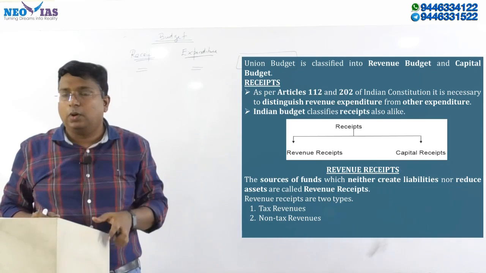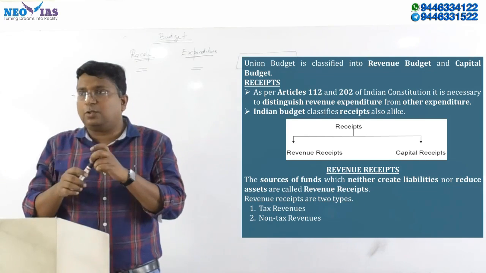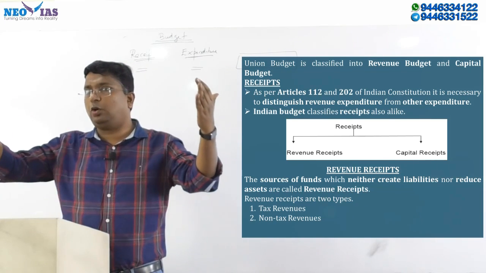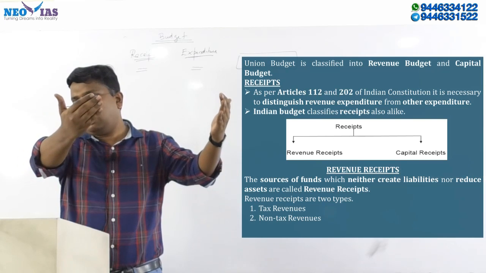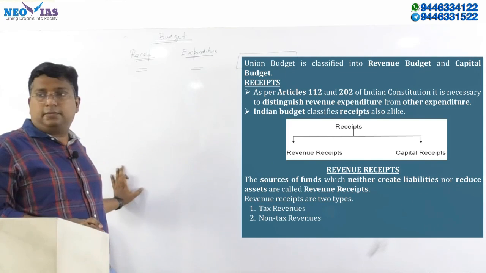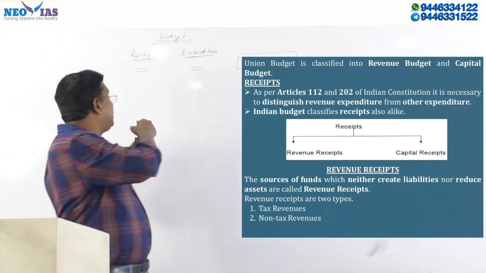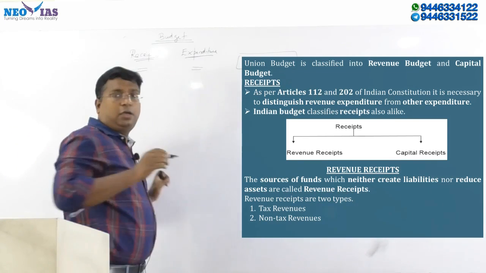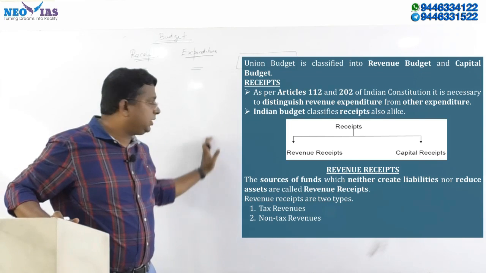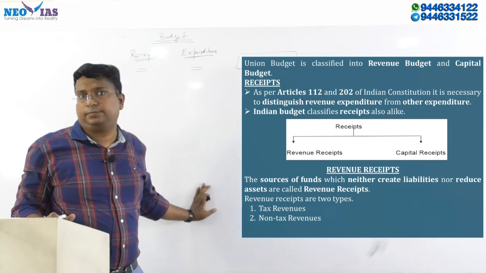Think from the union government's point of view: all the money the union government receives will be written in the receipts part, and all the money the government spends will be written in the expenditure part.